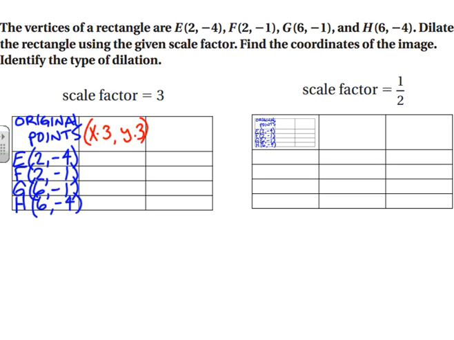Okay, so point E is 2 times 3 and -4 times 3. Point F is 2 times 3, -1 times 3. Point G, 6 times 3, -1 times 3. And finally, H is 6 times 3 and -4 times 3. Okay, third column, new points.